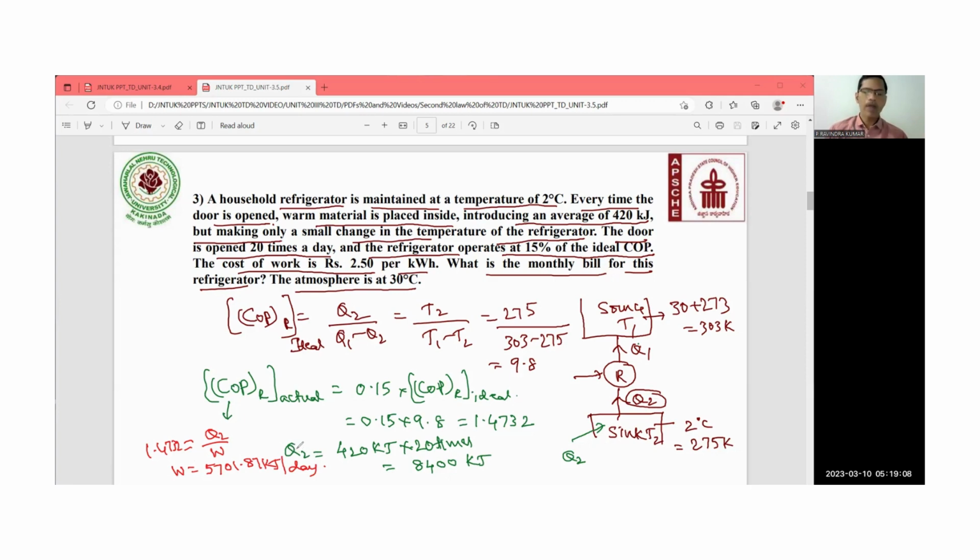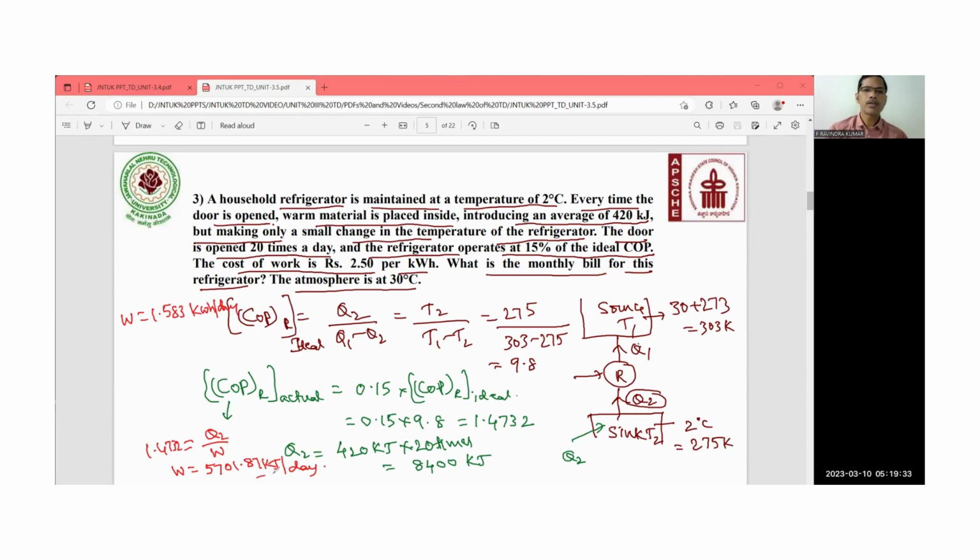Then in kilowatt hours per day, the work is 1.583 kilowatt hours per day.